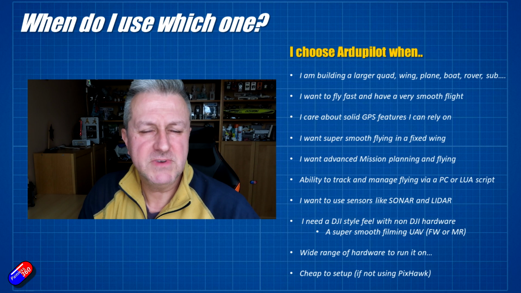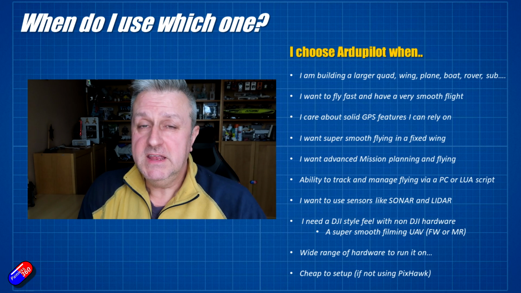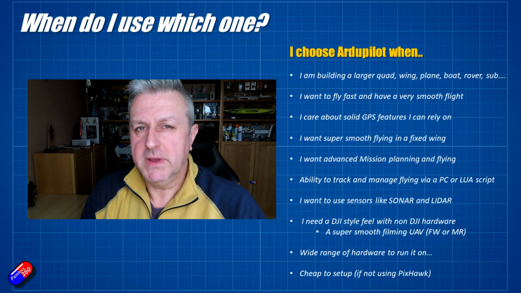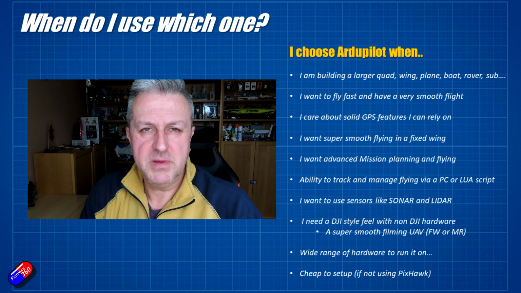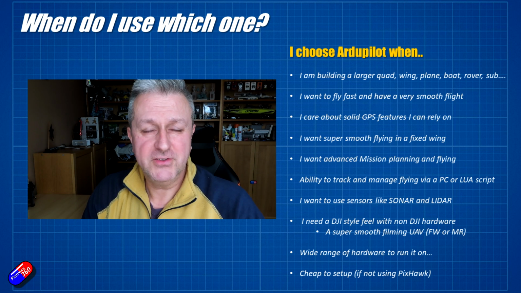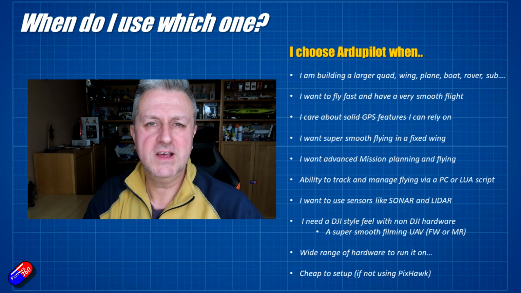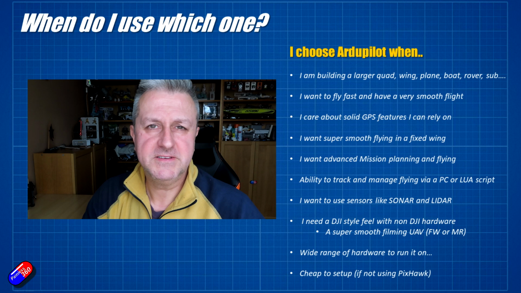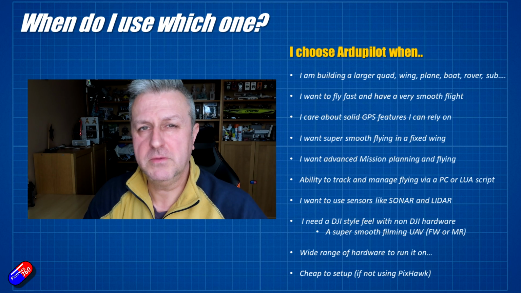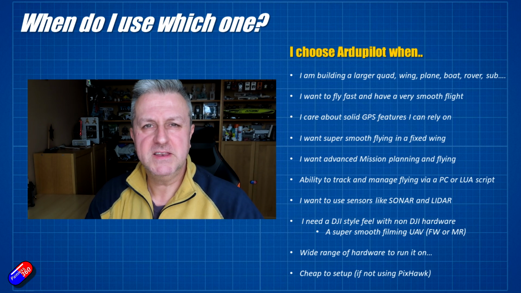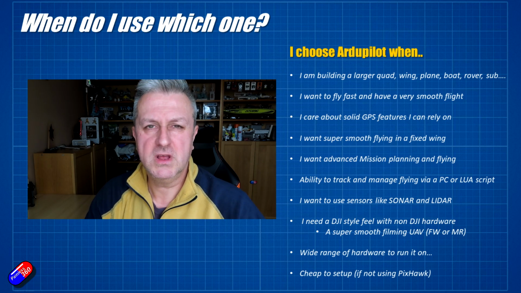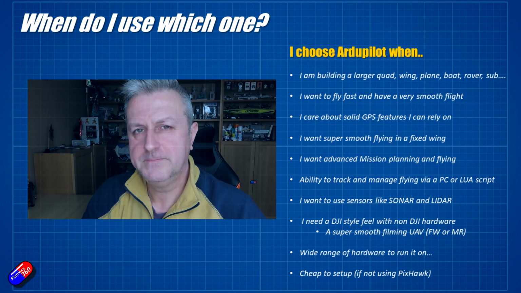And again, you don't necessarily these days need really expensive Pixhawk systems to do it. A lot of the professional UAV builders that I know don't use anything else but Pixhawk style flight controllers. But if you have your little flight controller that you would normally run INAV and Betaflight on, there's a very good chance it'll run Ardupilot too. So you don't have to spend serious money on a flight controller in order for that to work.